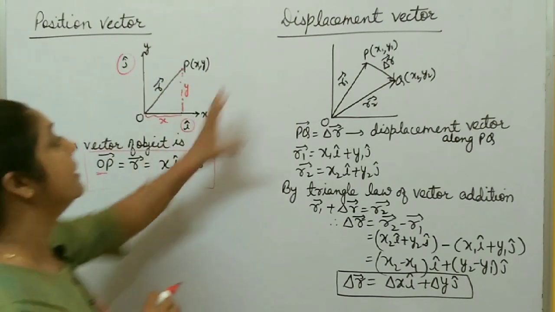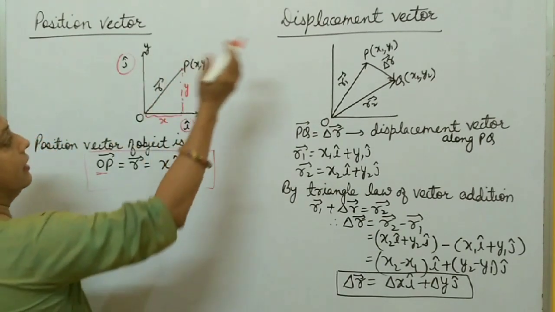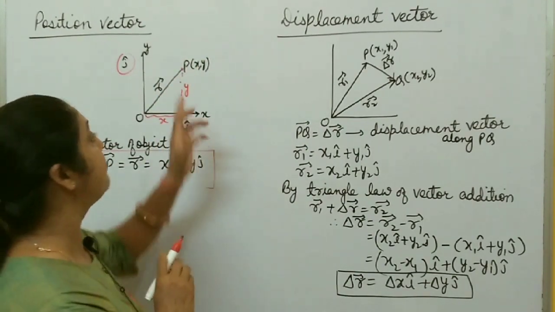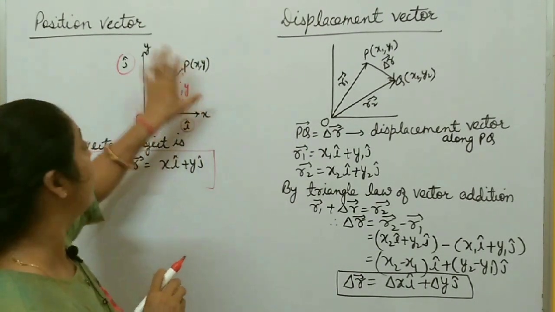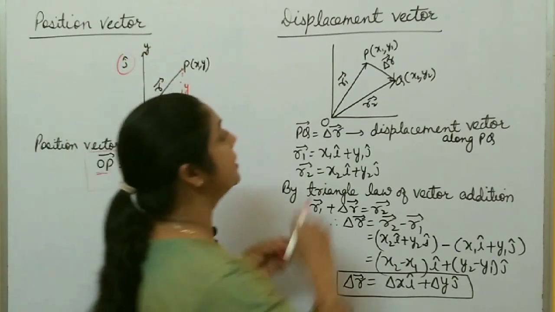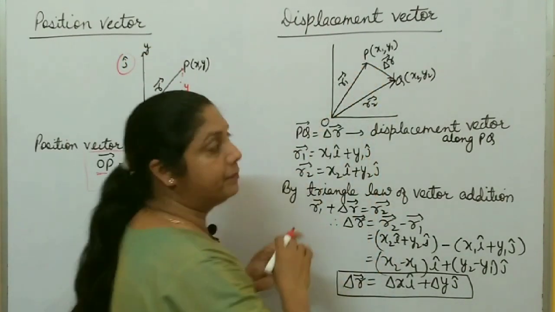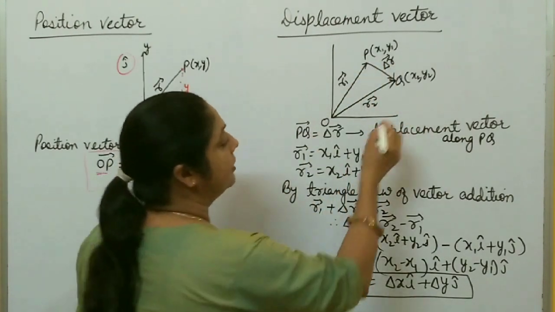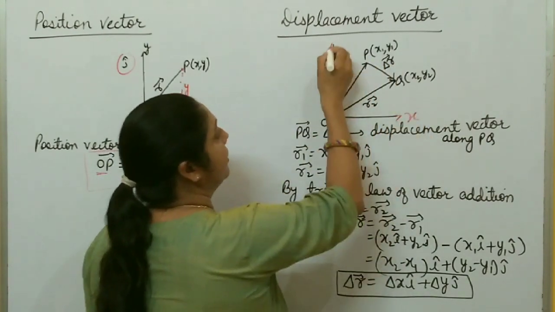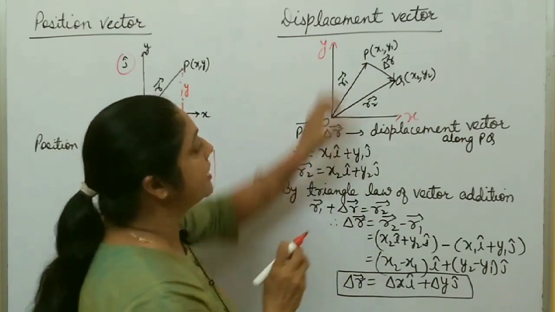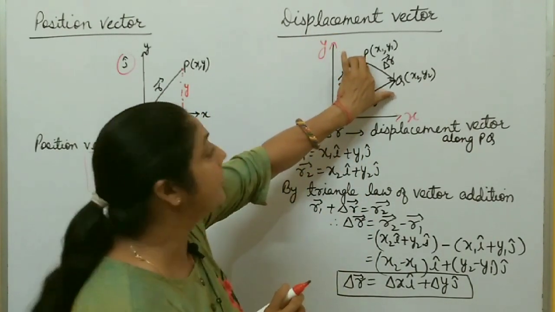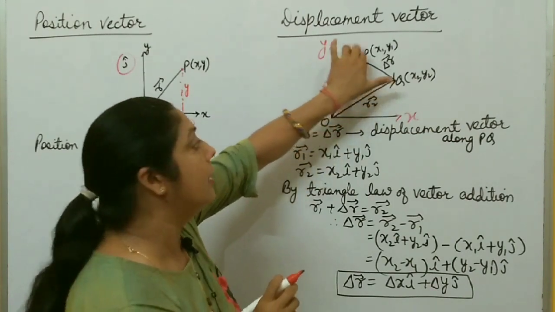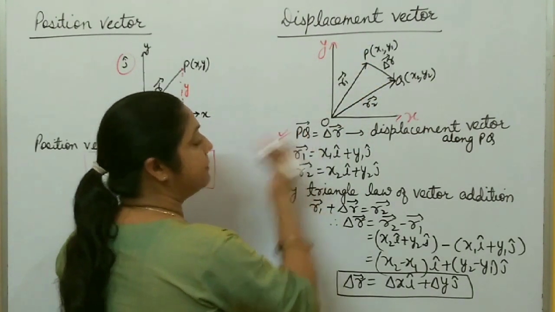Now, after this, the displacement vector. The displacement vector comes when the particle changes its position in the xy coordinates. Suppose the particle is at point P and after some time it changes its position to point Q in the xy coordinates. So this PQ is nothing but the displacement vector. Now, how do you find this displacement vector?